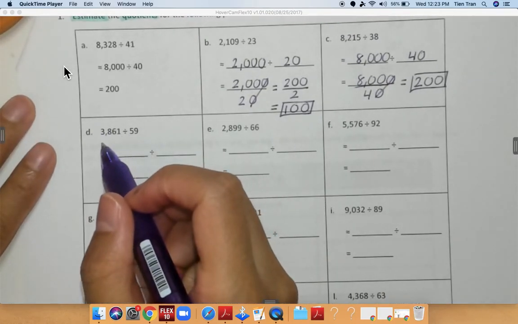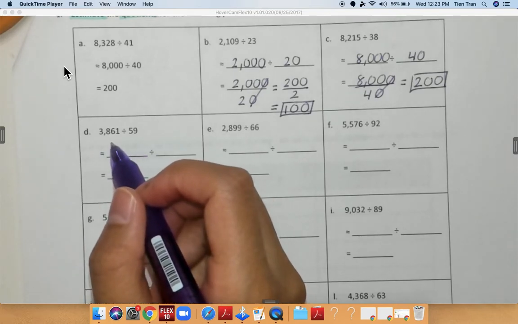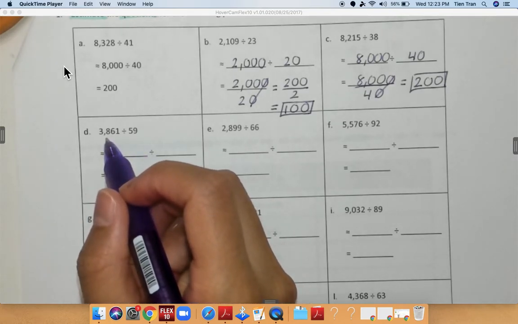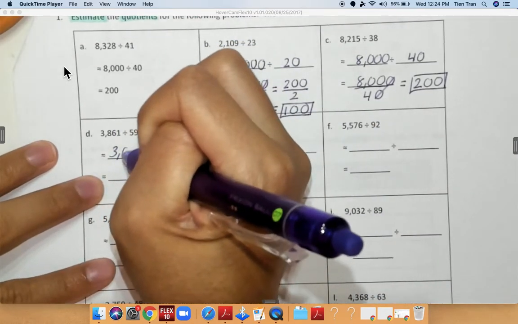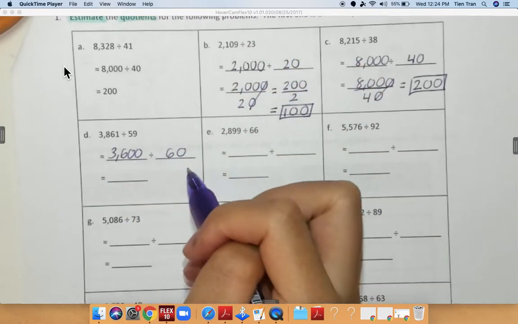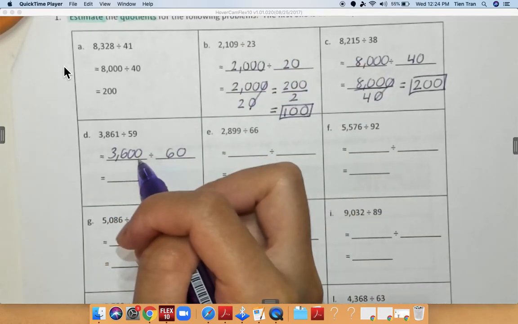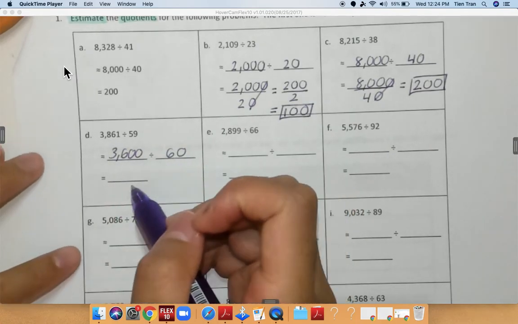Over here, I have 3,861. What I'm going to do is round 3,861 to 3,600 divided by 60. I rounded 59 to 60. The reason why I put 3,600 is because it's a closer estimate, and also 36 divided by 6 is equal to 6.